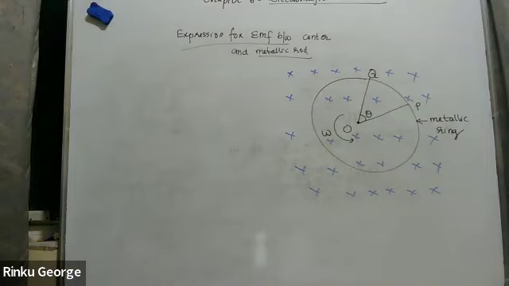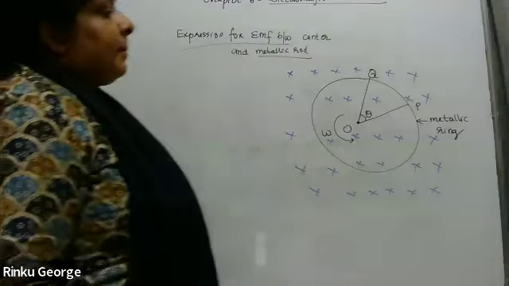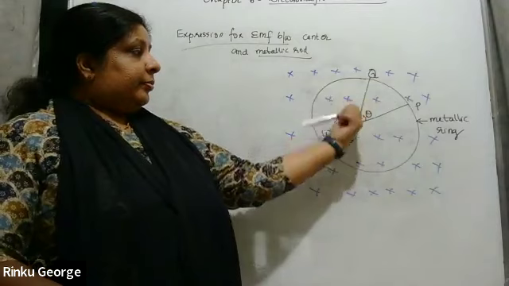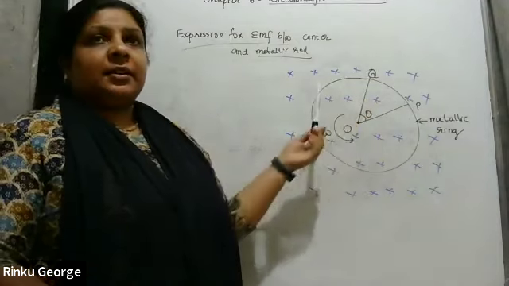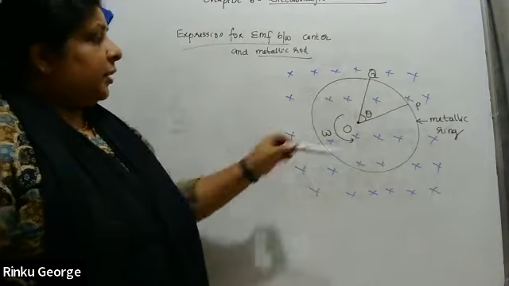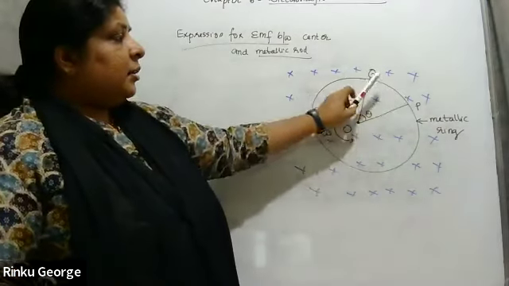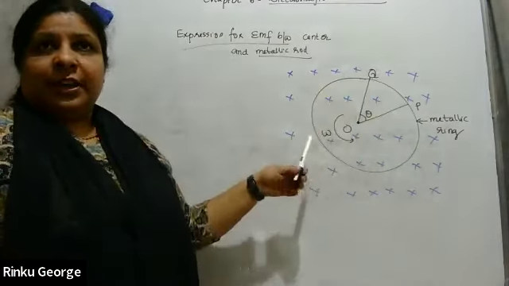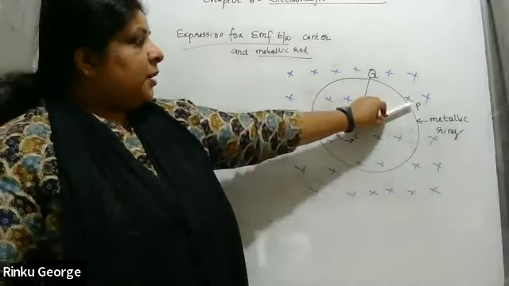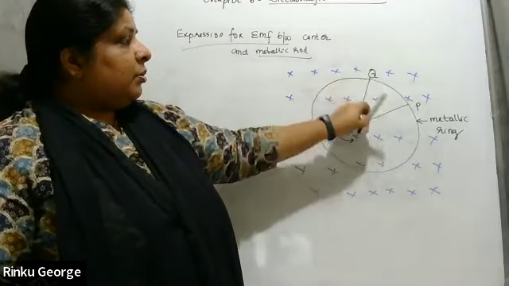Done? Finished, right? Okay. So listen, if this rod is rotating, it makes an angle theta. In a uniform magnetic field, the area is what is changing. If the rod is initially at OP and then rotated till OQ, this will be the area.